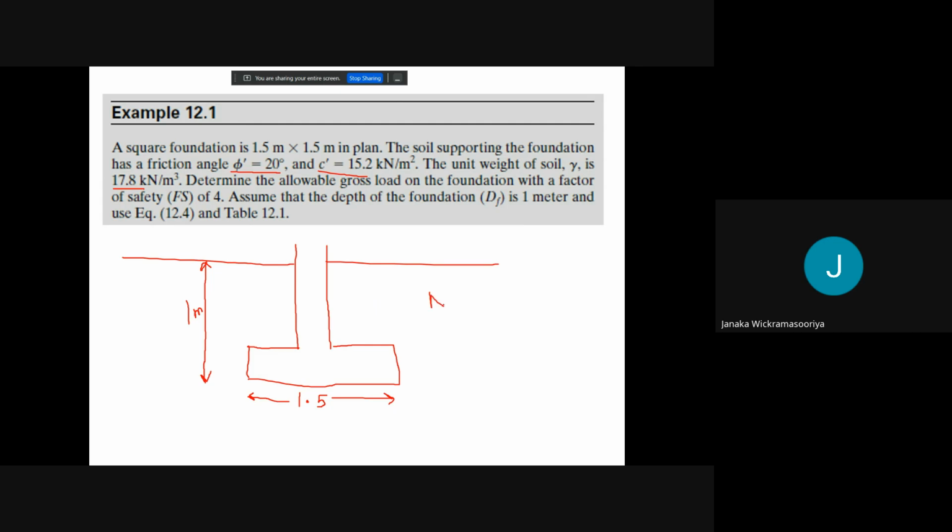Then you can find Nc, Nq, and N gamma, because you have to use them in the equation. First find Nc, Nq, N gamma, then apply that equation. That's very easy. Quickly do it and tell me.